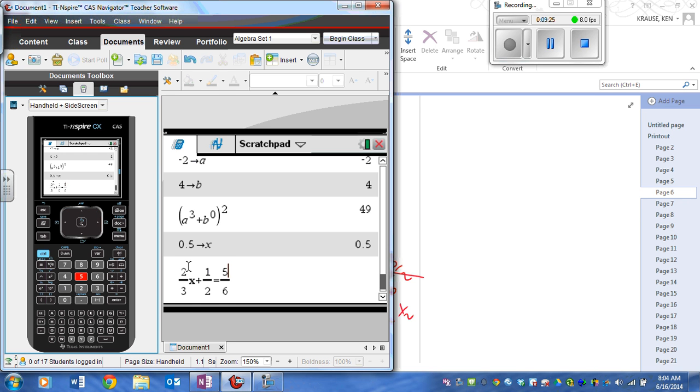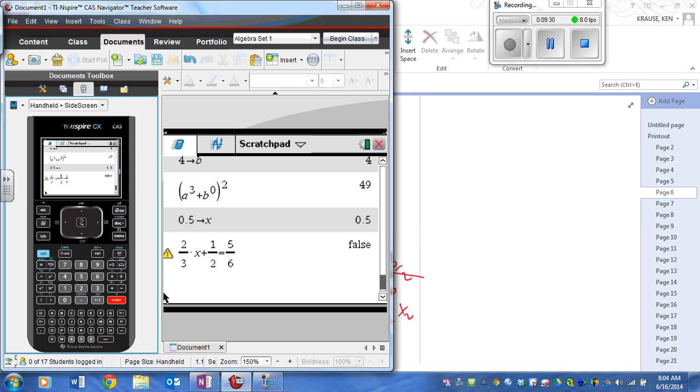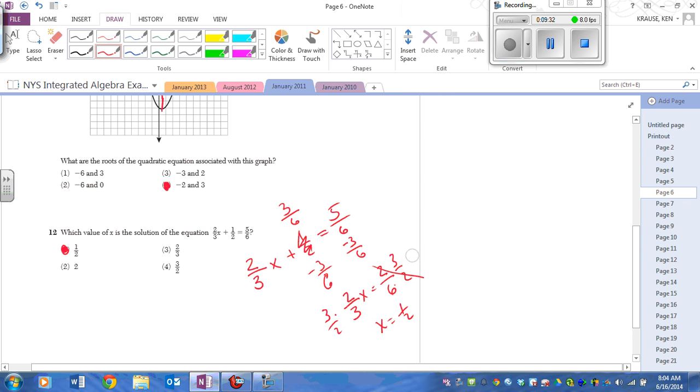So we stow the half in x and try it, and if it says true, we're good. If not, we ask, did I make a mistake? I almost flipped the reciprocal here. No, I didn't. These 3's cancel, 2 goes into 3.